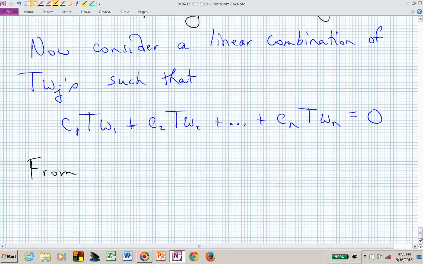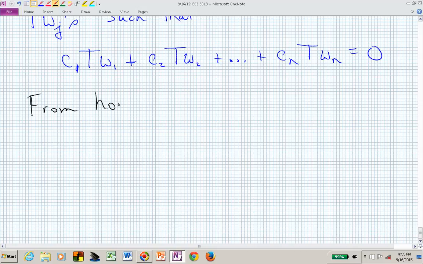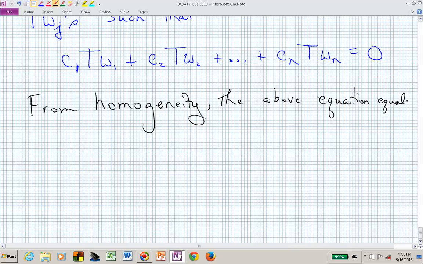So now from homogeneity, the above equation in fact equals T operating on C1 W1 plus C sub 2 W2 plus C sub n W sub n, and that is equal to 0.